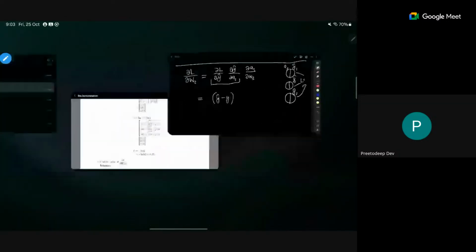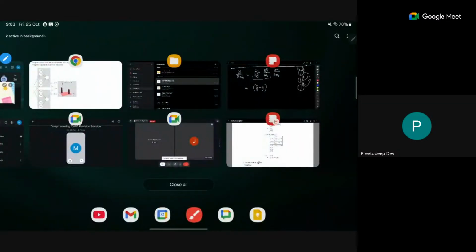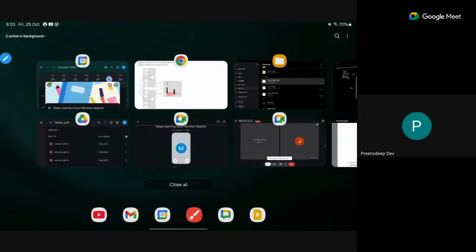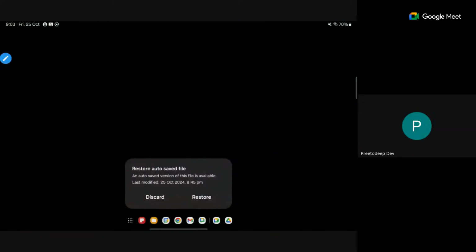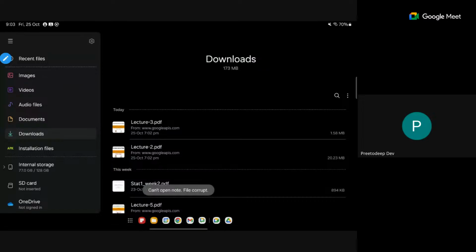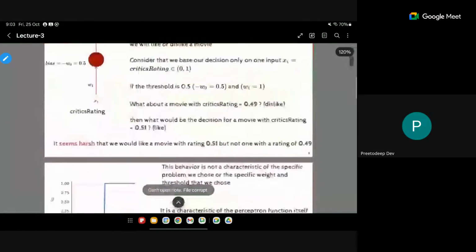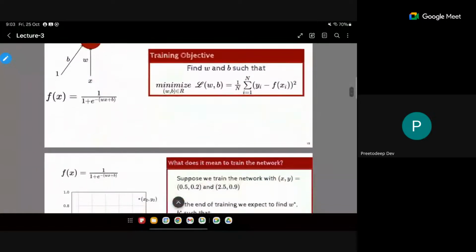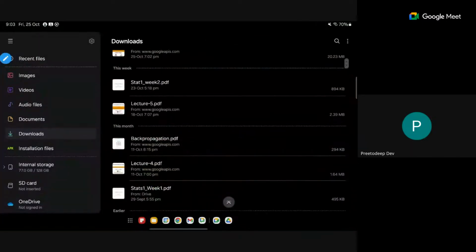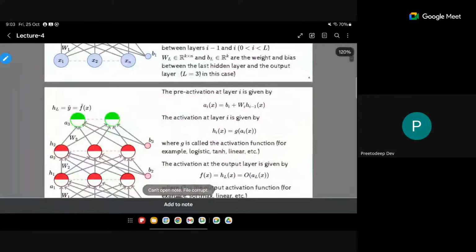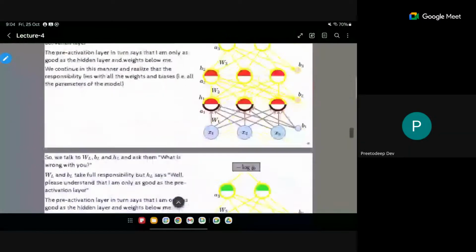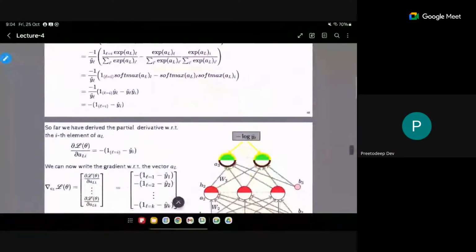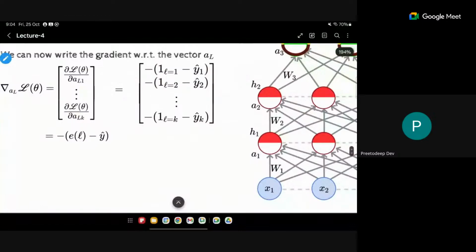Why? You can actually see, while taking derivatives we come up to the result that this is my ŷ minus y.